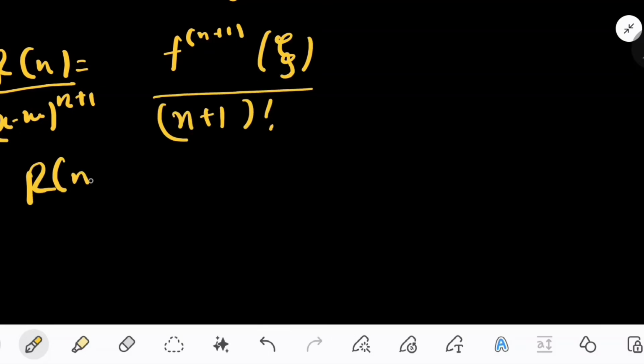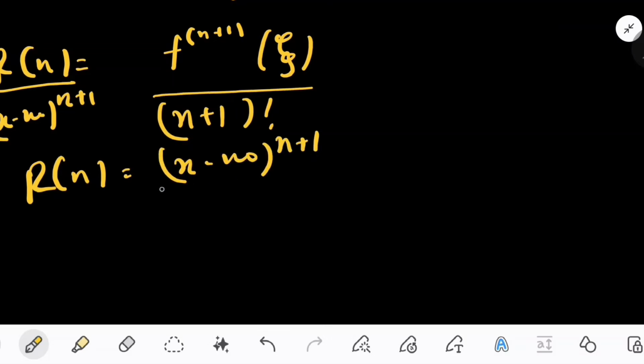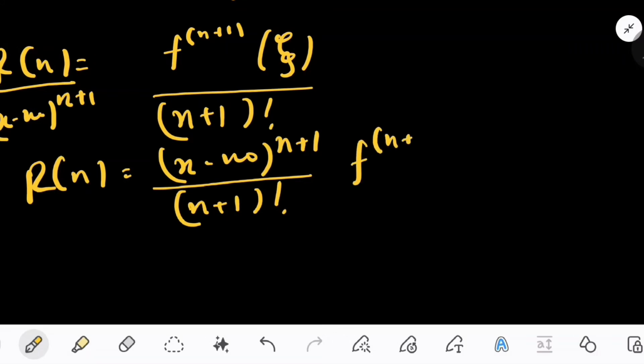So you get Rn is equal to x minus x naught raised to the power n plus 1 upon n plus 1 factorial into f of n plus 1 derivative of psi, and you can write psi in terms of theta x, but not right now. We will see it later, okay? So you get this expression, right? Okay.